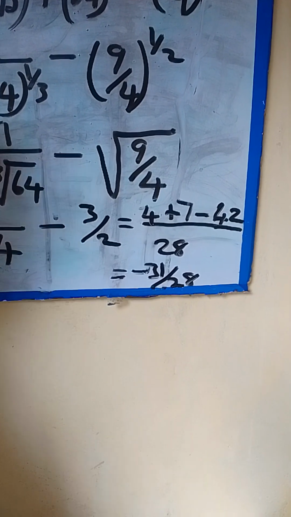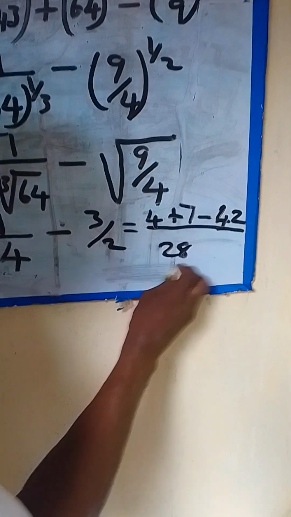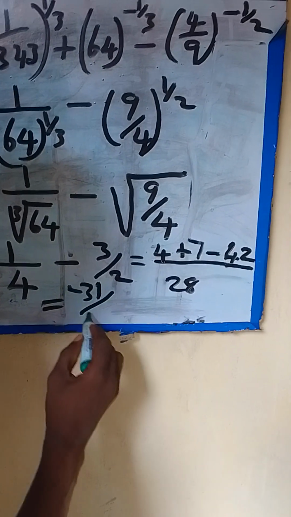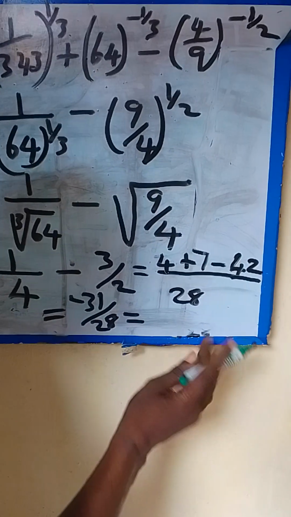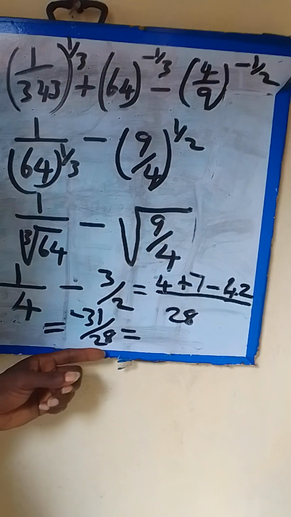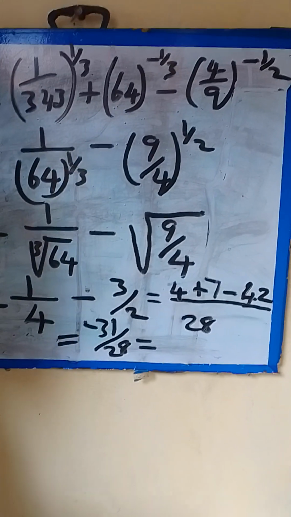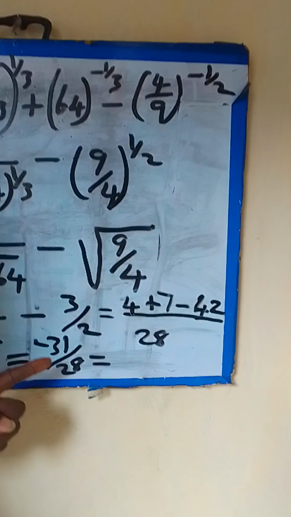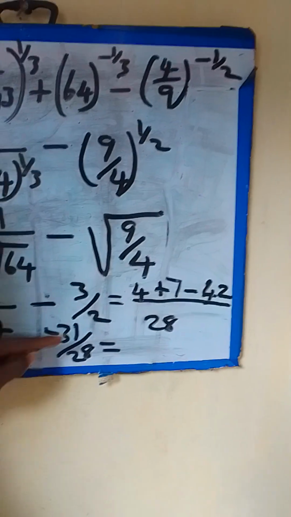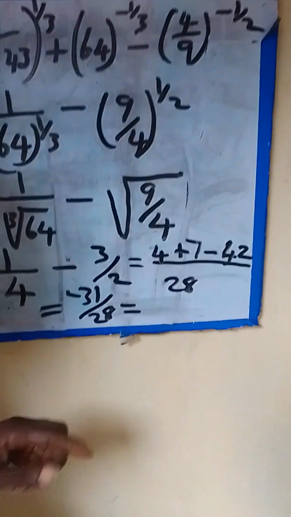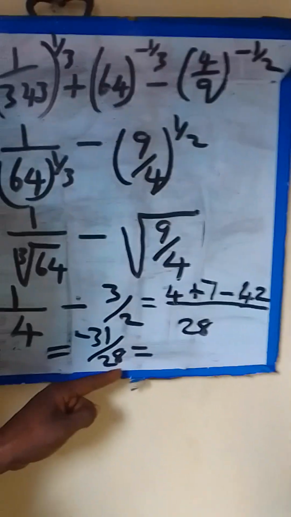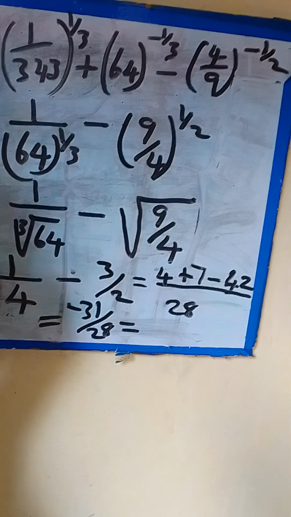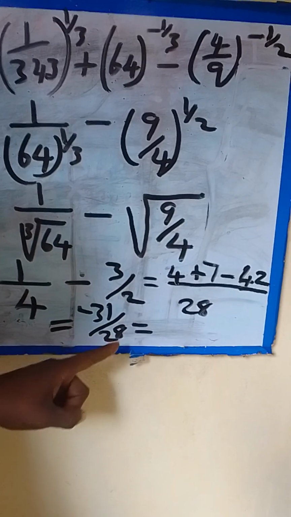So what you need to do in this case is look for a number that, when you multiply it by the denominator 28, will give you a result closer to 31, and the number that you add to that result to give you 31 will be smaller than the denominator, which is 28.